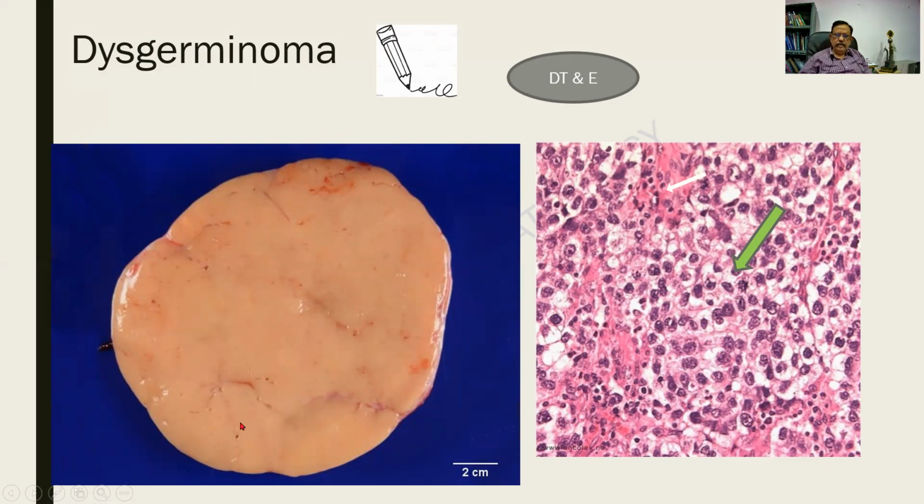A picture, I don't think it needs to be described. Here, in this one, I find that there are large clear cells with a central vesicular nucleus. So this is a tumor cell, and this is a septae, and that is having a few dark cells, namely the lymphocytes. Please draw this diagram, it will fit both the seminoma and the dysgerminoma.